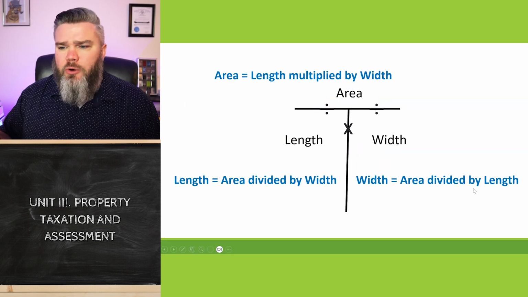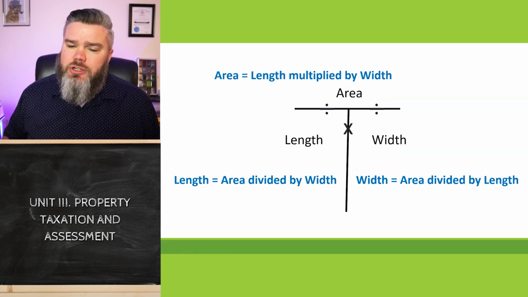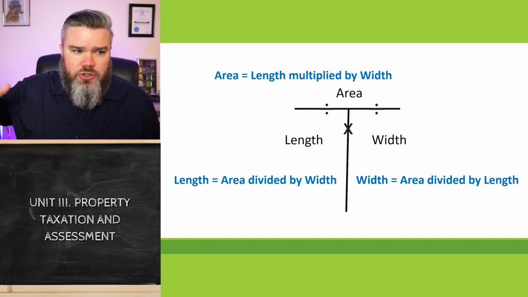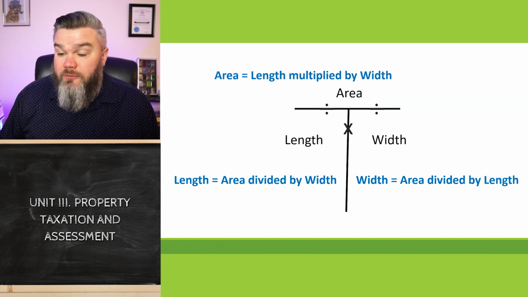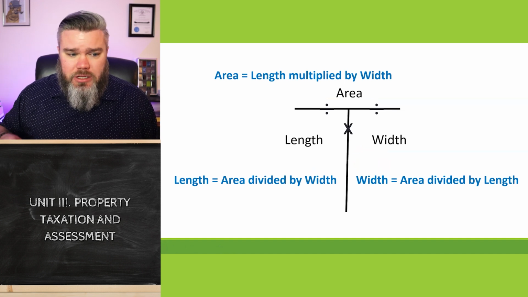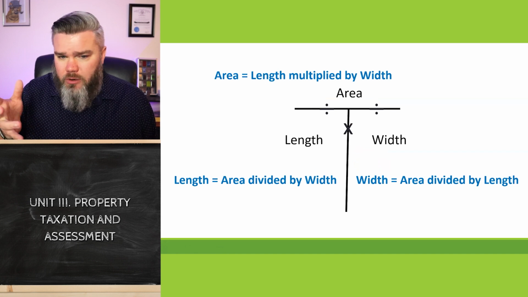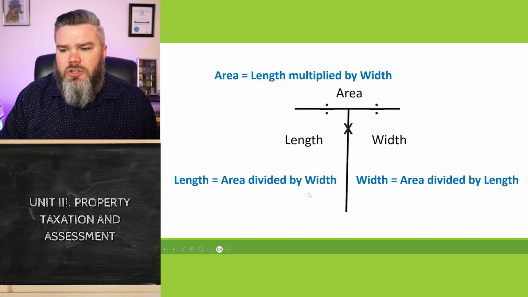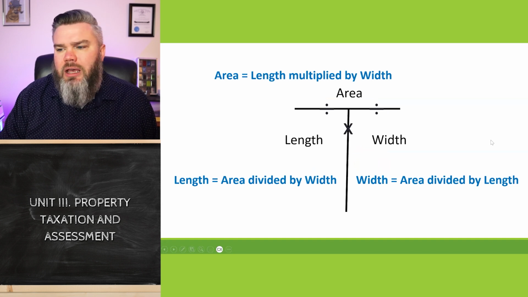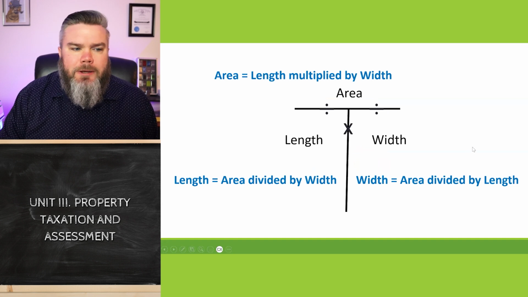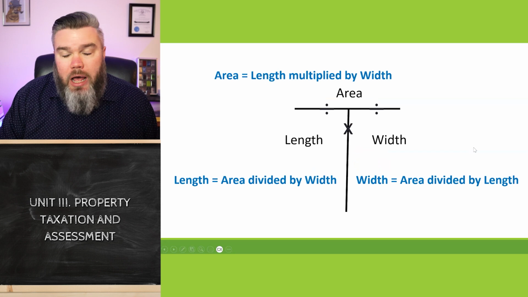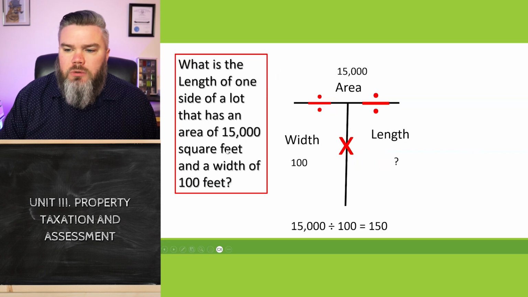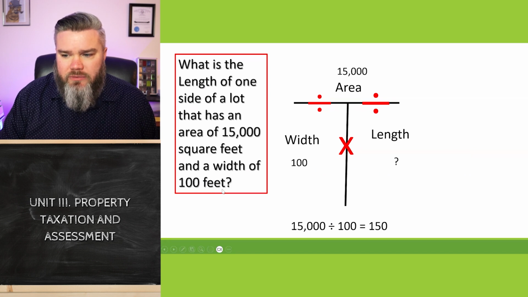So for example, folks, if we were talking about area calculations, I'm going to teach this yet again later, but just so you understand, the formula for calculating the area of something, at least for a square or rectangle, is length times width, right? And so if we said that a lot had a total of 15,000 square feet and a width of 100 feet.